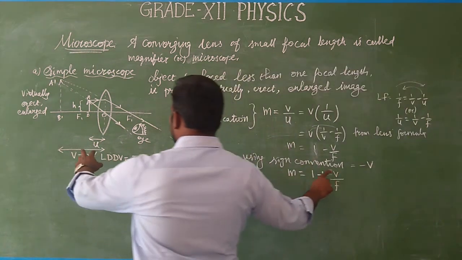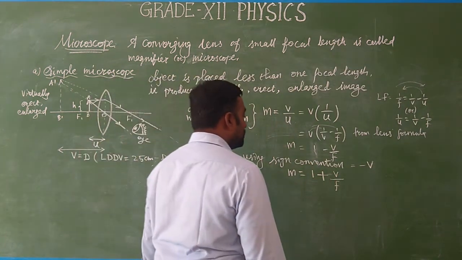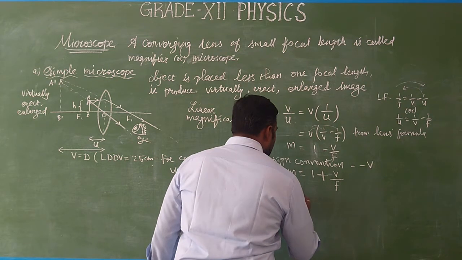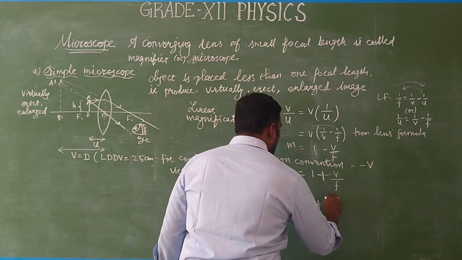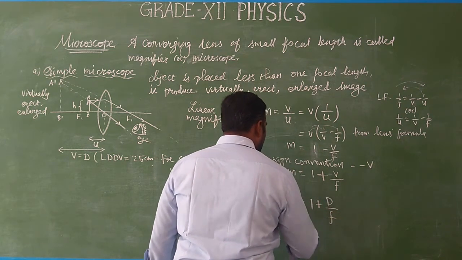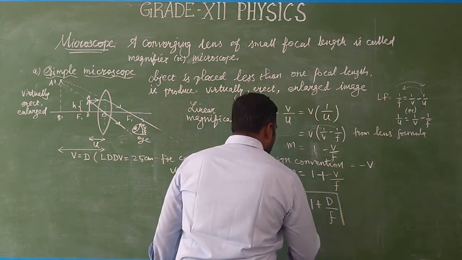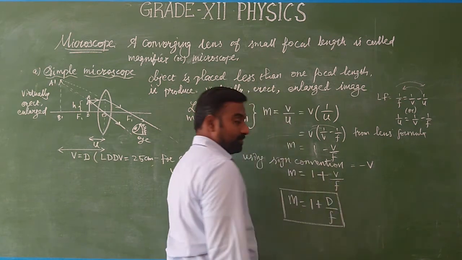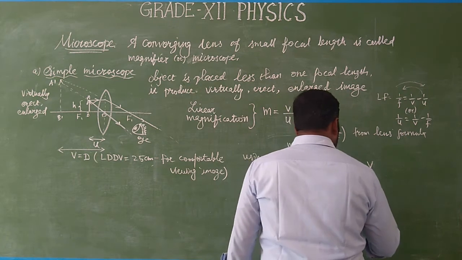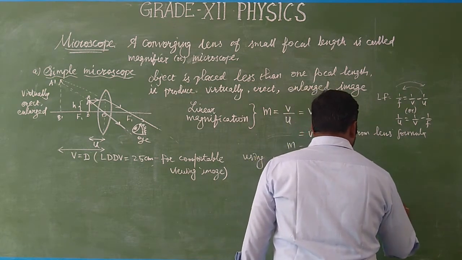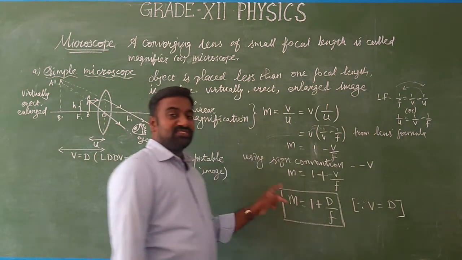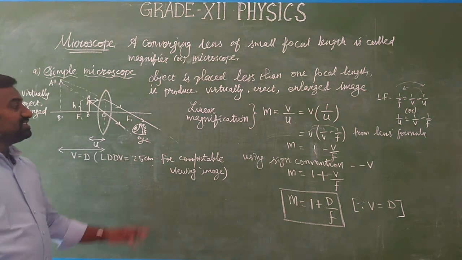This image distance is equal to the least distance of distinct vision, so M is equal to 1 plus V by F. This is the linear magnification in the simple microscope, because in this case the image distance is equal to D. Hence we obtain the magnification in the simple microscope.